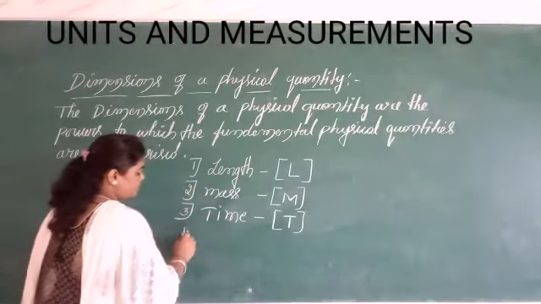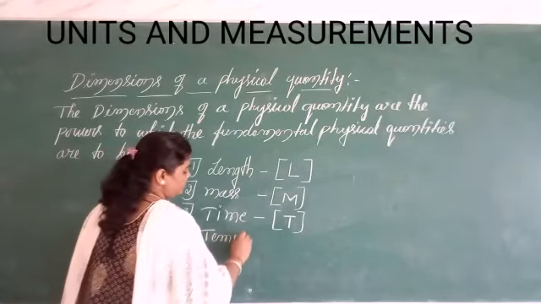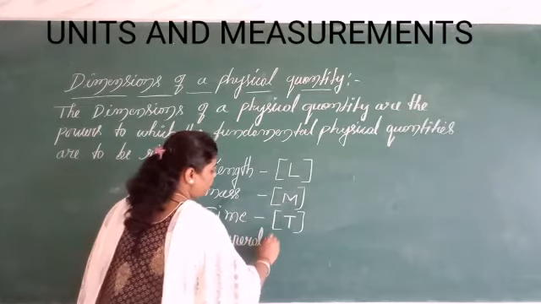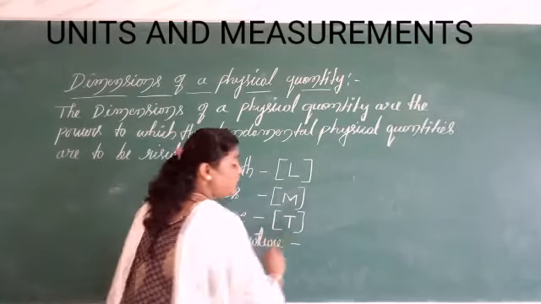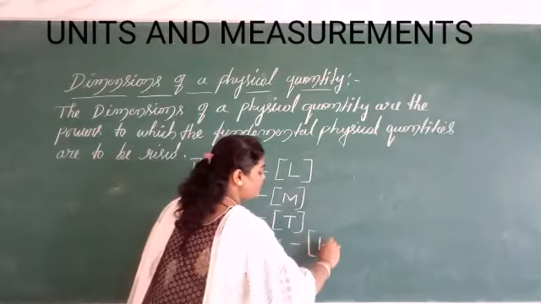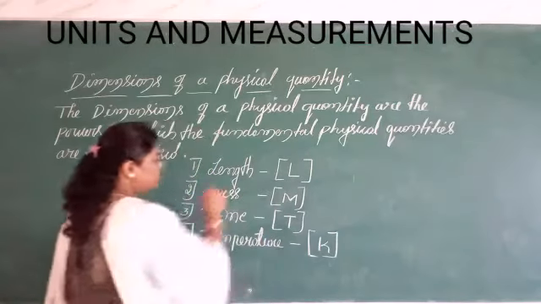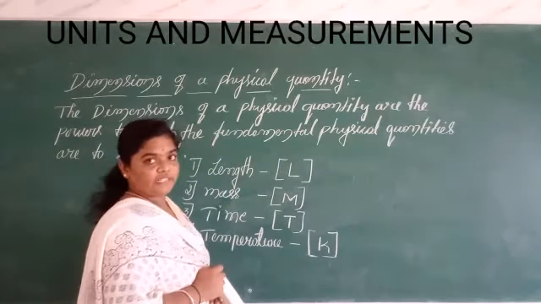Next, the fourth one, temperature. The dimension of temperature is K. We have 7 fundamental physical quantities.